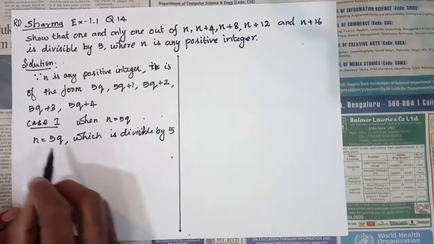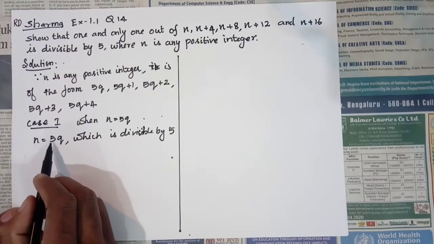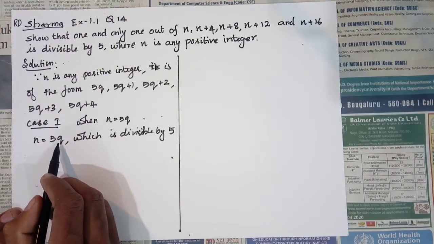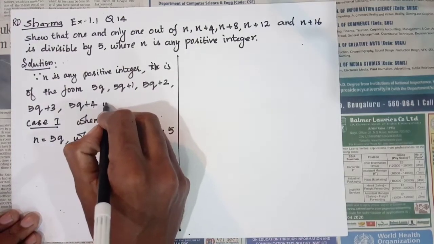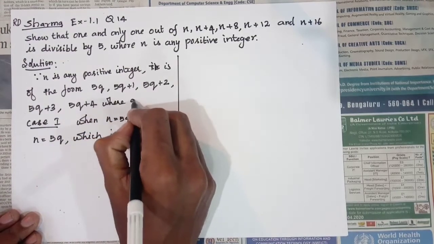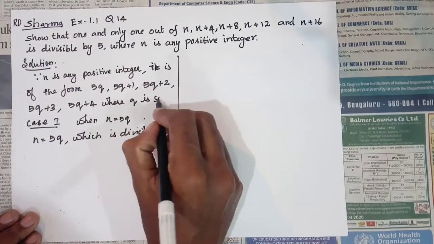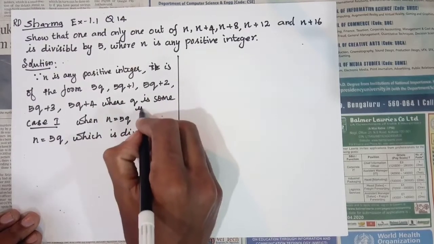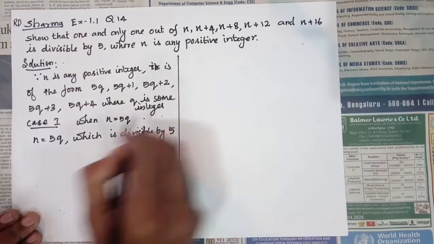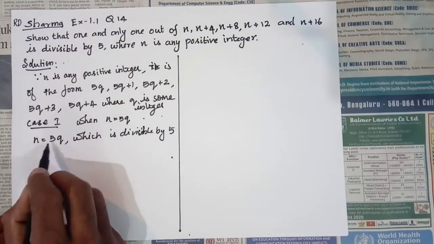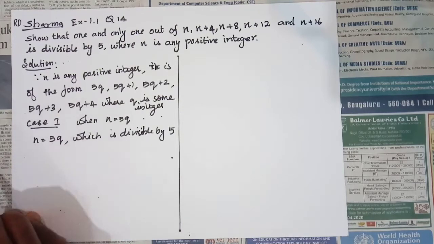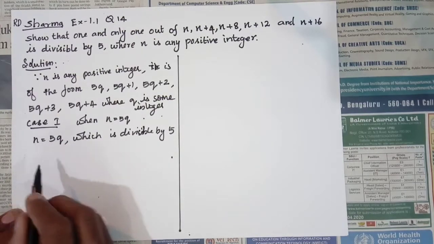Because it is written as 5 into q, where q is some integer. So 5 is also an integer, and 5 is one of the factors, so this number is divisible by 5. There is no problem in that.